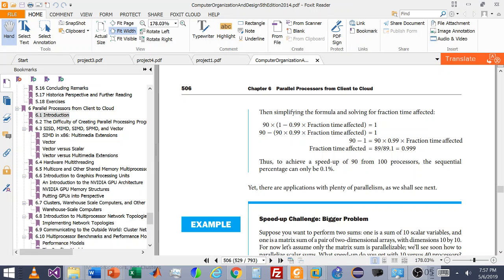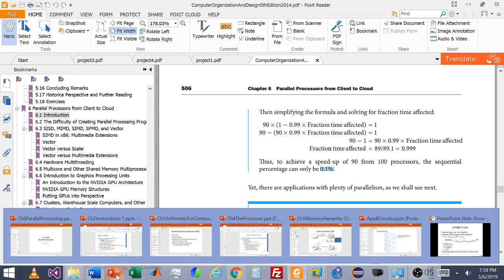The rest has to be parallelizable, has to be dividable. This is pretty unrealistic. Most programs I've dealt with have a much larger than 0.1% sequential part. So this is a challenge.